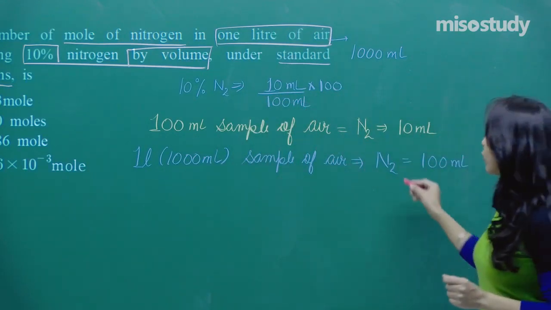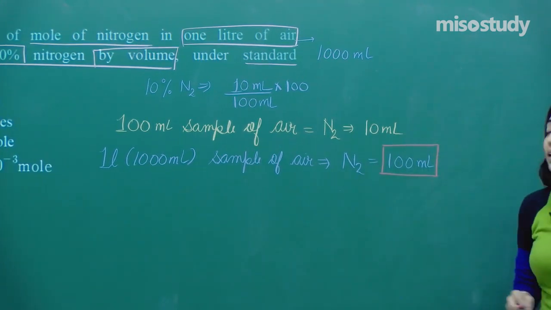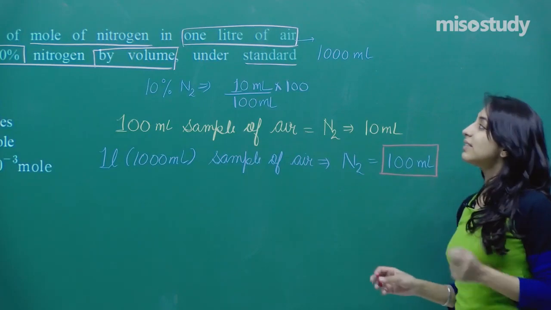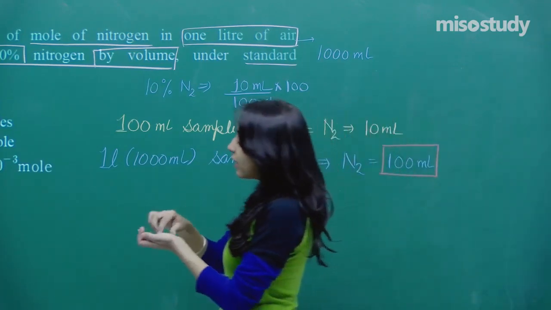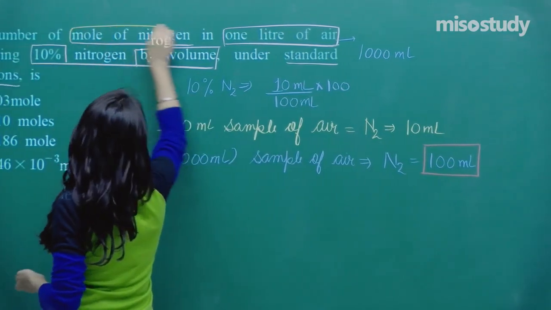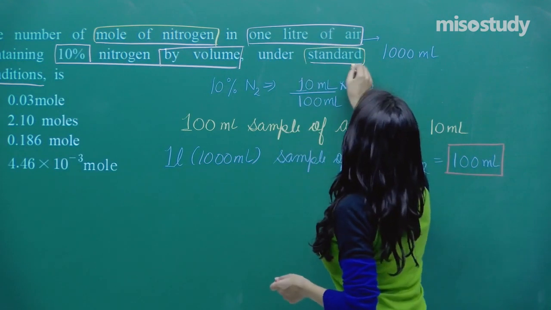So finally I got to know the amount of nitrogen present in ml in the 1 liter sample of air. Now he is saying you need to calculate the number of moles of nitrogen under standard conditions, right?